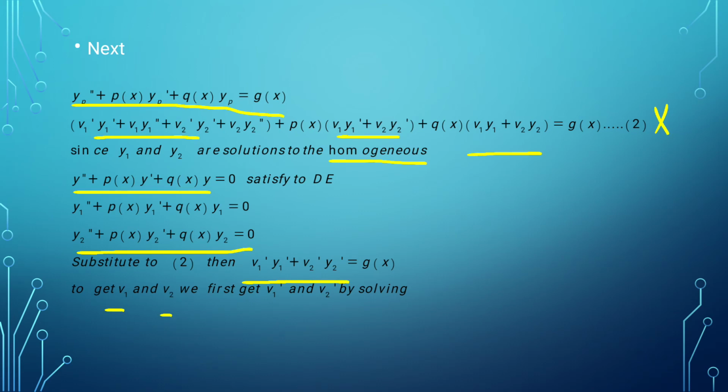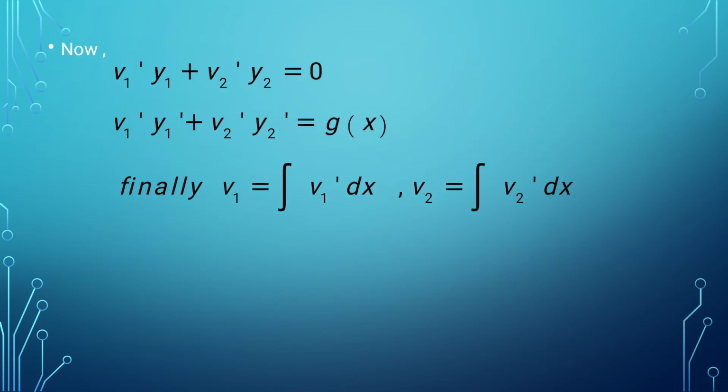So what we need to do is first just get the first derivative of v1 and the first derivative of v2. Then we solve these using principles of integration. So this is equal to 0, and this is equal to that. And we have seen where we are getting this from.